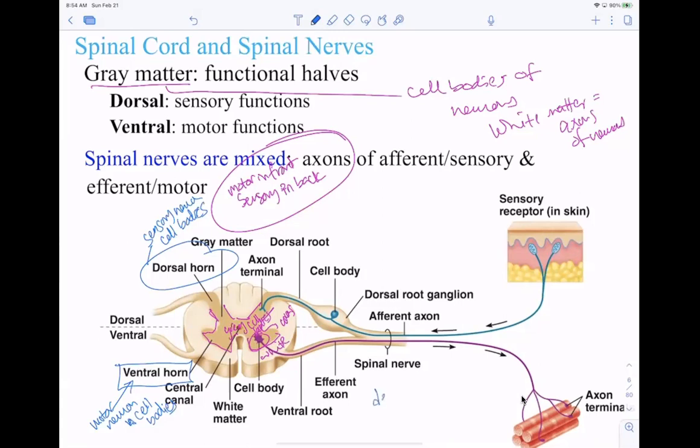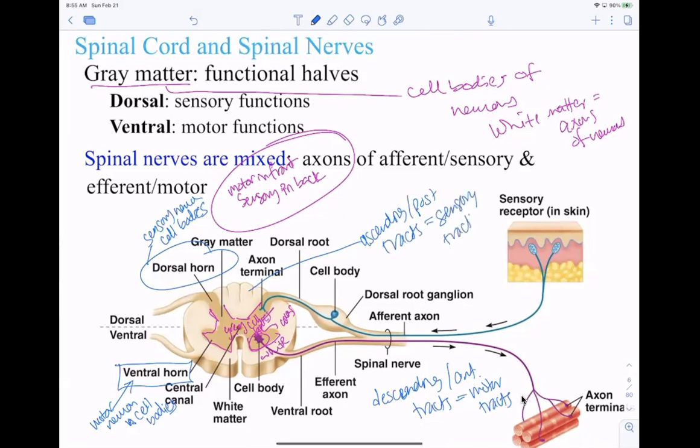So descending, anterior tracks, motor tracks. And then, you know, these ascending posterior tracks tend to be sensory tracks going up, and these are going down. The spinal cord.